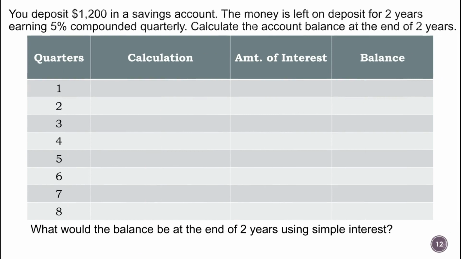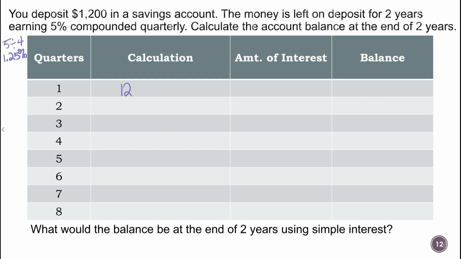Okay. So this last one is just to see if you can calculate this. We are going to use the fact that this is compounded quarterly, and that 5% I showed you earlier, right? 5 divided by 4 would be 1.25%. So we're going to calculate with, right, it's $1,200 for 2 years compounded quarterly at 5%.